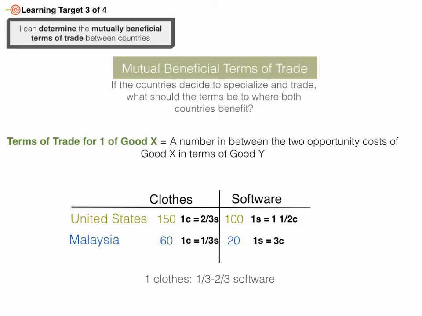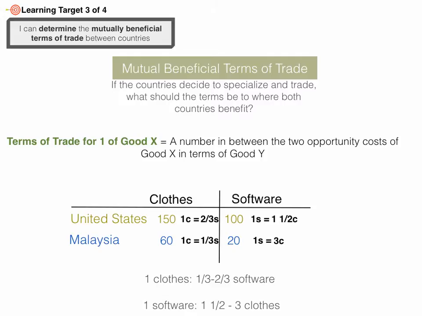We can also put this in terms of software. For one software, the two opportunity costs were 1.5 clothes and 3 clothes. So if the United States traded one software to Malaysia, it would benefit both countries if Malaysia received some number in between 1.5 and 3 clothes in return.